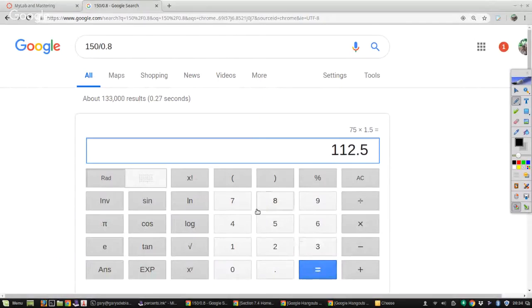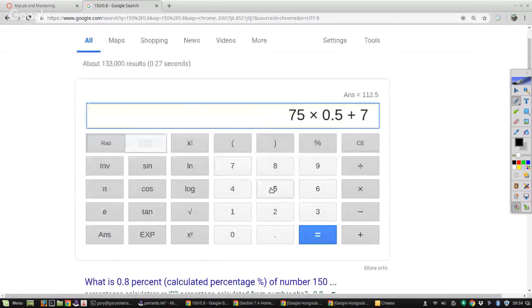So just double check that. Sometimes we would just take the slow route, take 75, multiply by 50%, 1.5, and then we would add that on to that $75 we started with. So we have the amount of markup plus the original. And so then there's our $112.50.